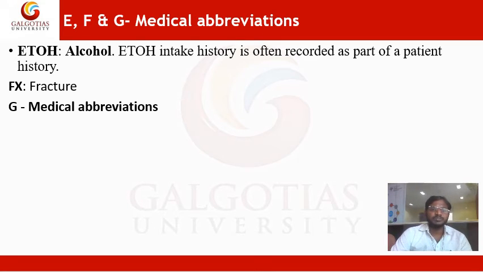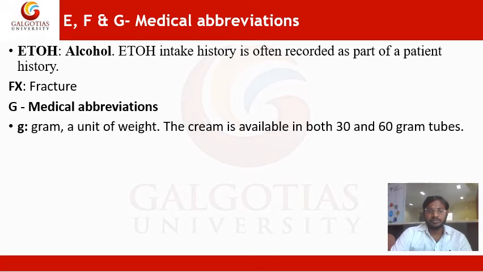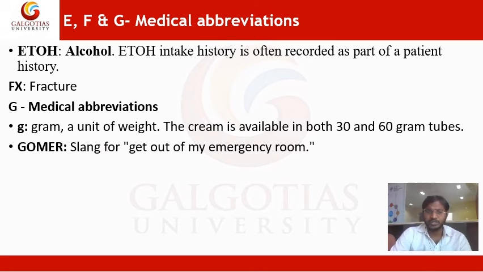Next one, G. Under medical abbreviations, G means gram, a unit of weight. You can use 1 gram, 2 grams, 3 grams. In anatomy, heart weight, kidney weight, and liver weight are mostly given in grams.